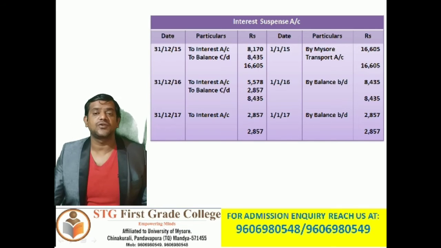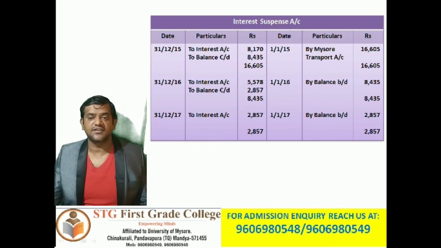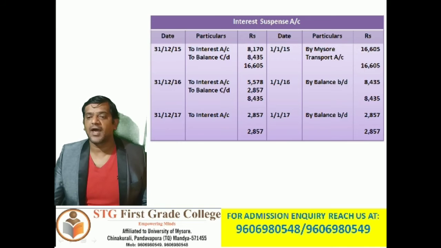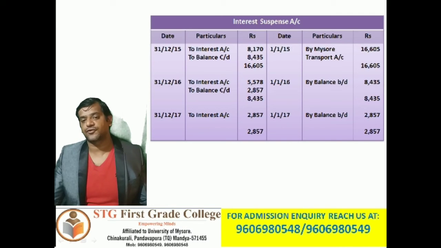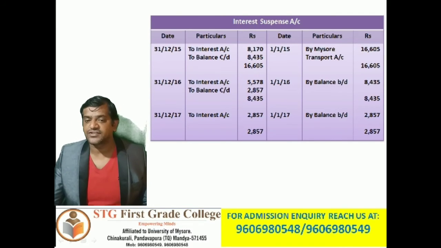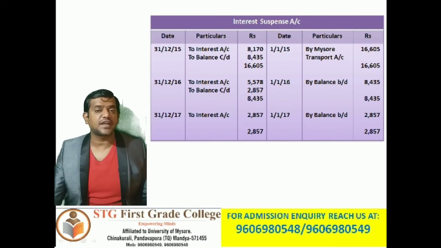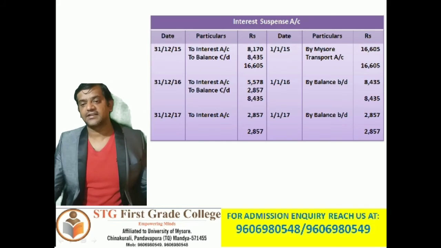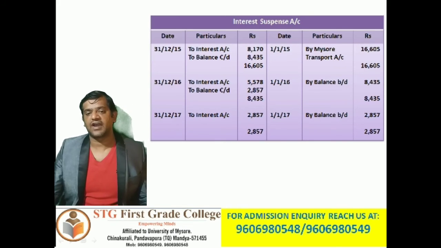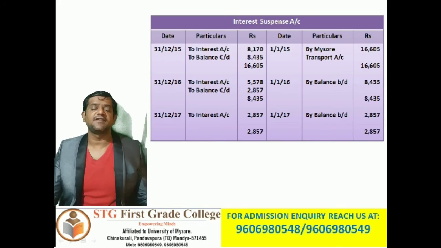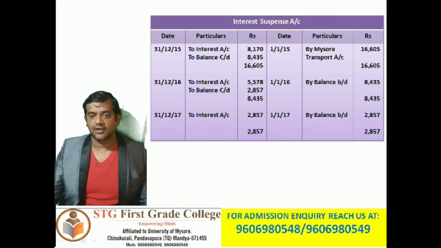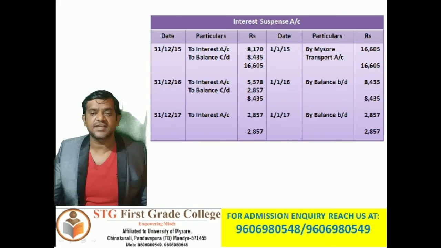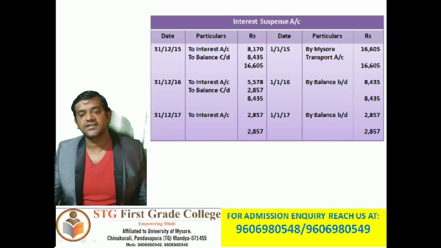When you total it, you get 16,605 on both sides. Next, 1/1/2016 by balance brought down 8,435 rupees. 31/12/2016, to interest account 5,578, to balance carried down 8,435 minus 5,578, so the balance carried down is 2,857.